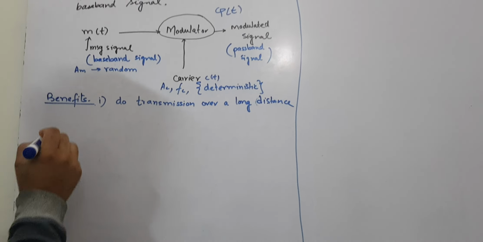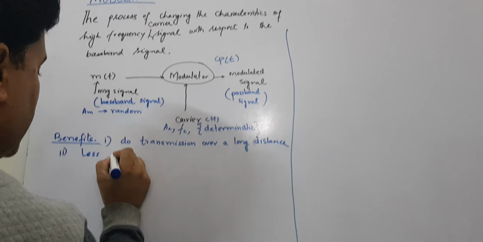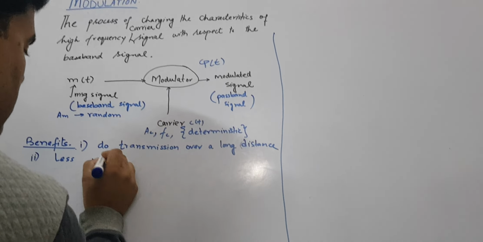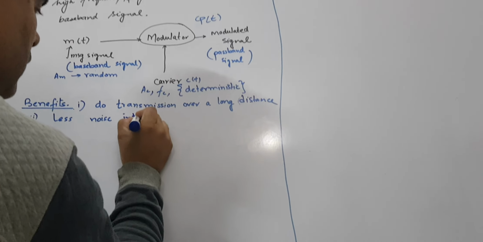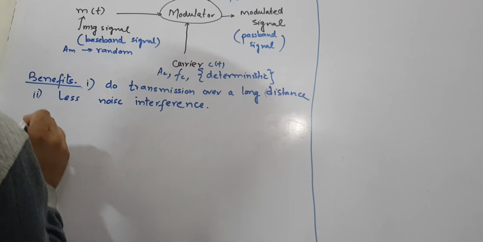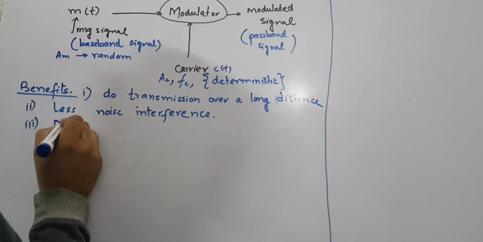The second one is less interference due to noise. The third one is that multiplexing is possible.